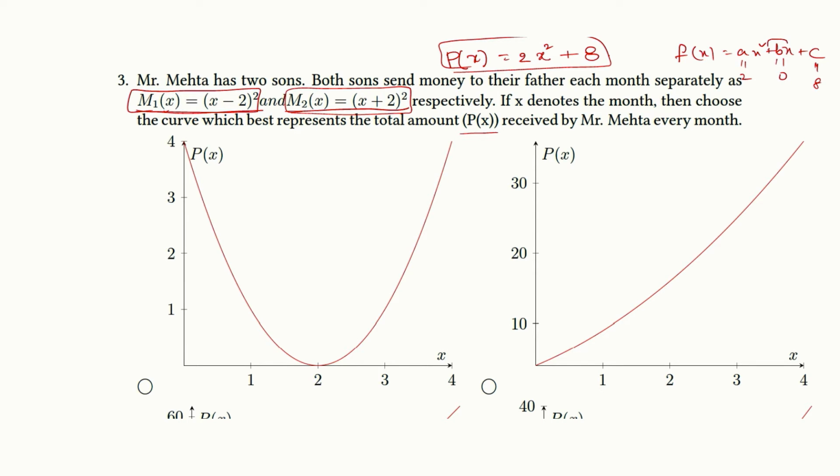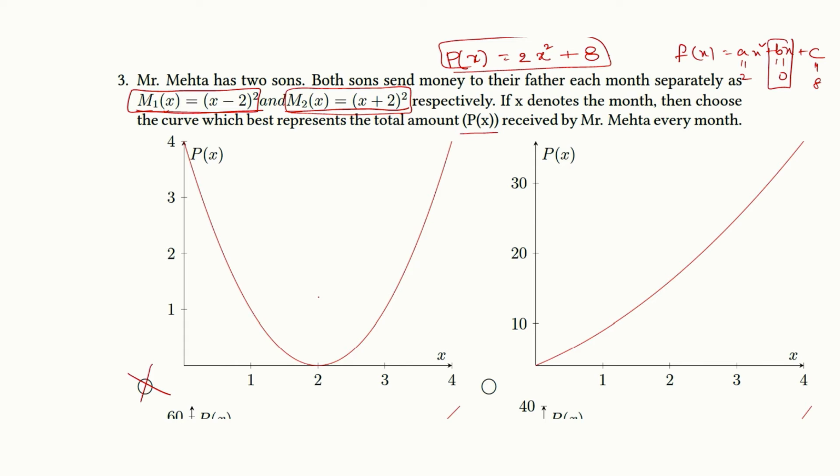So if b is 0, we can say that the curve needs to be symmetric about the y-axis. In that case, our first option will be ruled out because this is not symmetric about the y-axis.